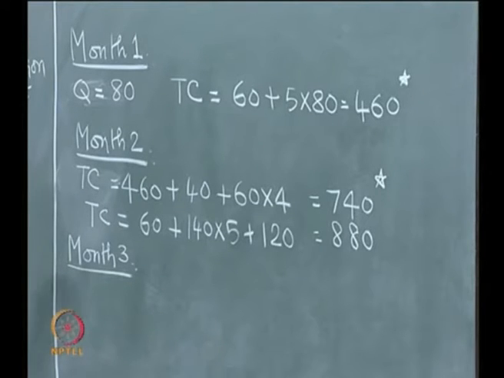So let us assume the first way is we produce everything in the first month and then we carry, which means there is a setup cost of 60.